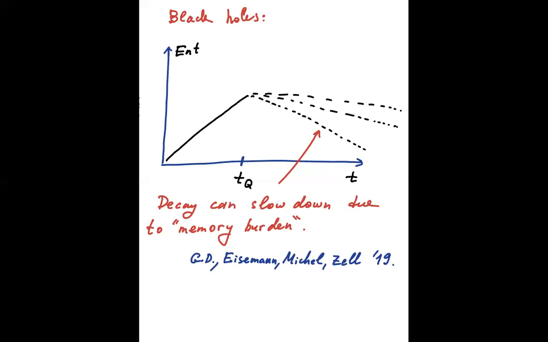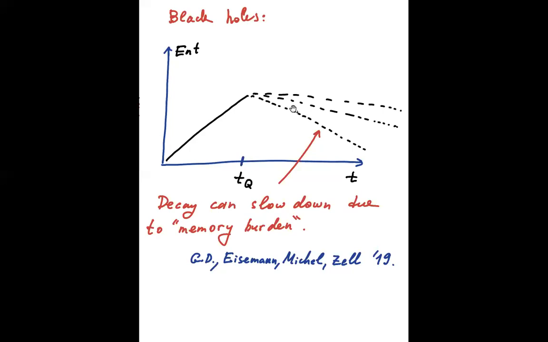Now this has to be taken with a grain of salt, because I can only report what we see. Unfortunately, there is no computation beyond half-life time done in fully fledged quantum gravity. So all the computations were done in prototype models, including numerical computations, which have a similar information and entropy structure.